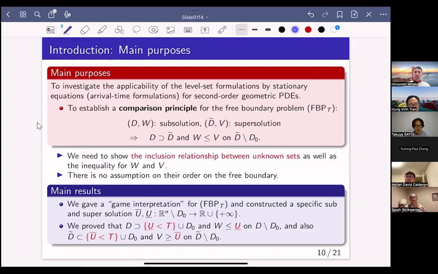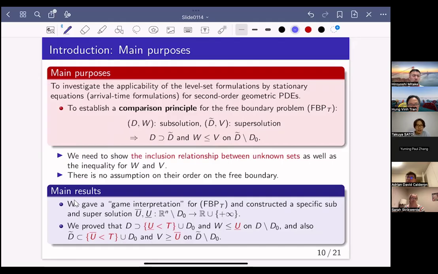But today our aim here is to establish the comparison principle, which is the uniqueness for the solution of free boundary problems. In this context, the comparison principle means the inclusion relation for the two unknown domains and also the ordering between two unknown functions.